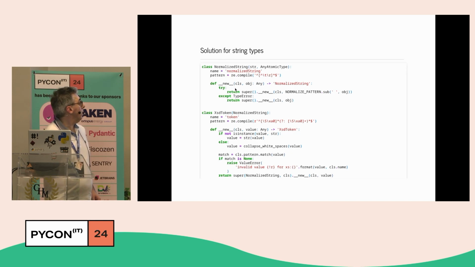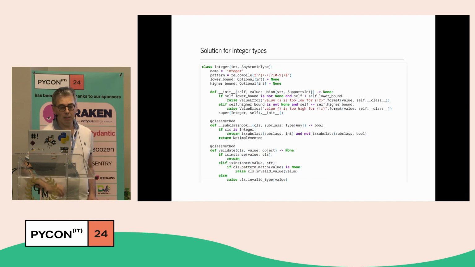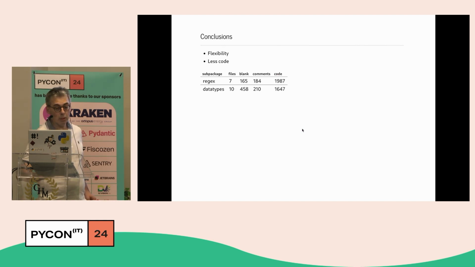In this case I provided validation, and it's a bit complicated to describe here, but also in this case a proxy type permits to validate that. The solution for integer is similar. Also, I used the subclass hook to check the types and that it is not a Boolean.